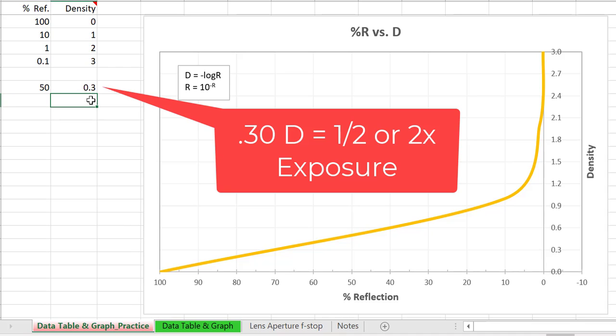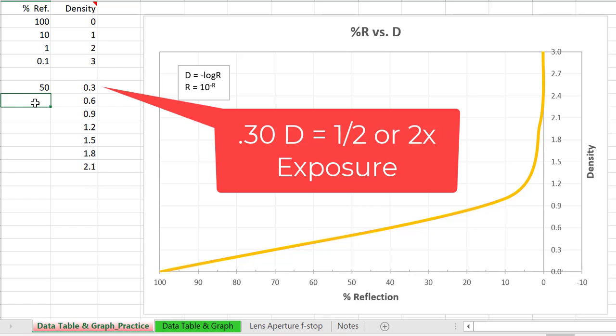So if we carry the scale out to 0.6 and 0.9 and 1.2 and 1.5 and 1.8 and 2.1, these are increments of 0.3: 3, 6, 9, 12, 15, 18, 21. We know that it's always half.